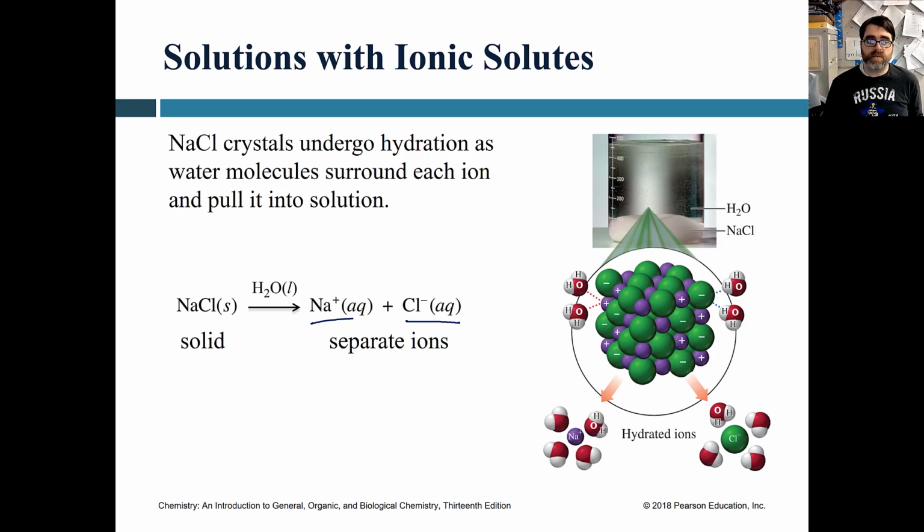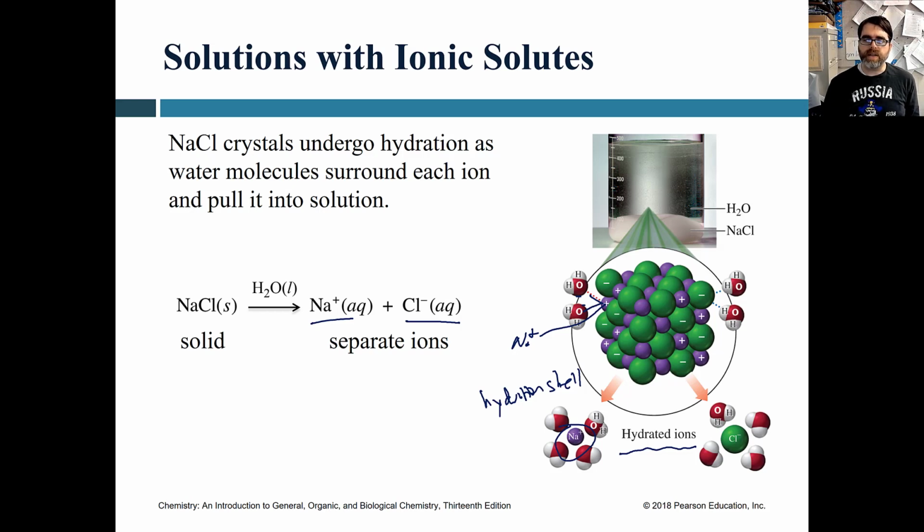And so, like I said earlier, the negative side of the water will be attracted to the positive sodium ions, and they will break out in solution like this, being surrounded by what's actually called a hydration shell, or here simply hydrated ions, with the negative sides of water all touching the sodium, and the sodium being separated from the chloride ions.